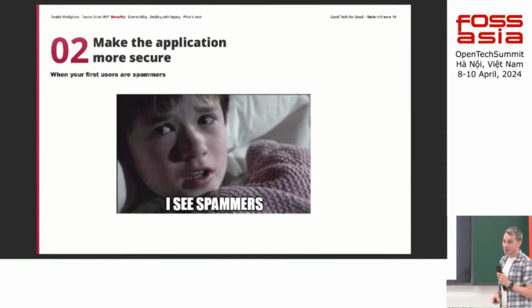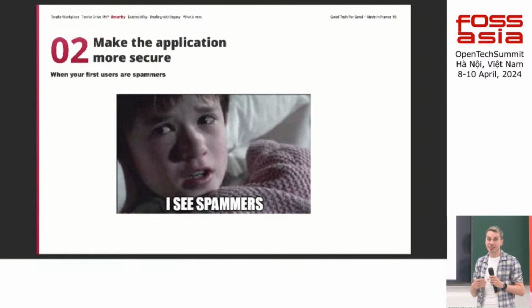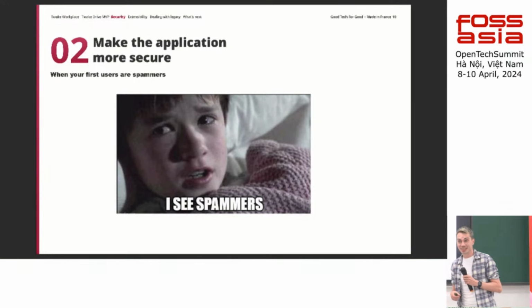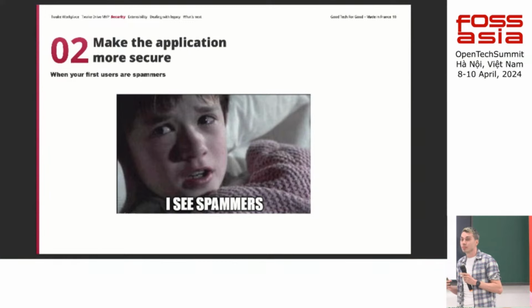I see spammers, and that's a joke, and that's true, because if you are releasing your service as SaaS, it's almost 100% certain that your first users will be spammers, and other people who will try to use your service not in a good way. When we were releasing the previous version of Twig, as I've said, it was an open source Microsoft team, and it was rather a closed application without any external communication.